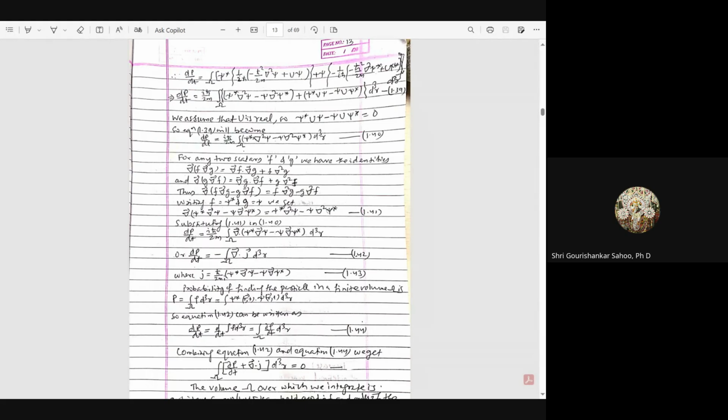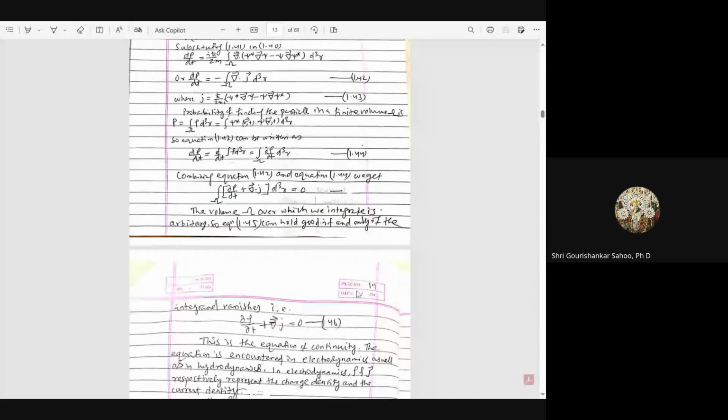And the probability of finding the particle in a finite volume omega, P, is equal to the integration over omega of rho d³r, which is equal to the integration of psi star psi d³r. So dP by dt is equal to the integration over omega of del rho by del t d³r.